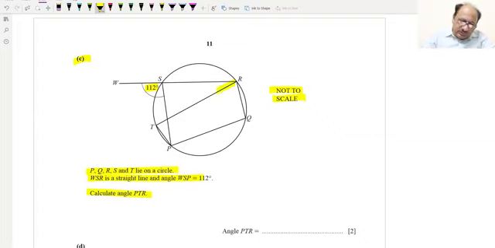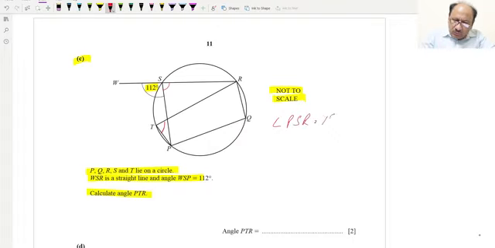PTR is basically this angle PTR. So we need to calculate this angle. I will indicate this angle, it will be this one. Now angle PTR, how will we calculate? First of all, we will calculate this angle. I'm showing working for you.